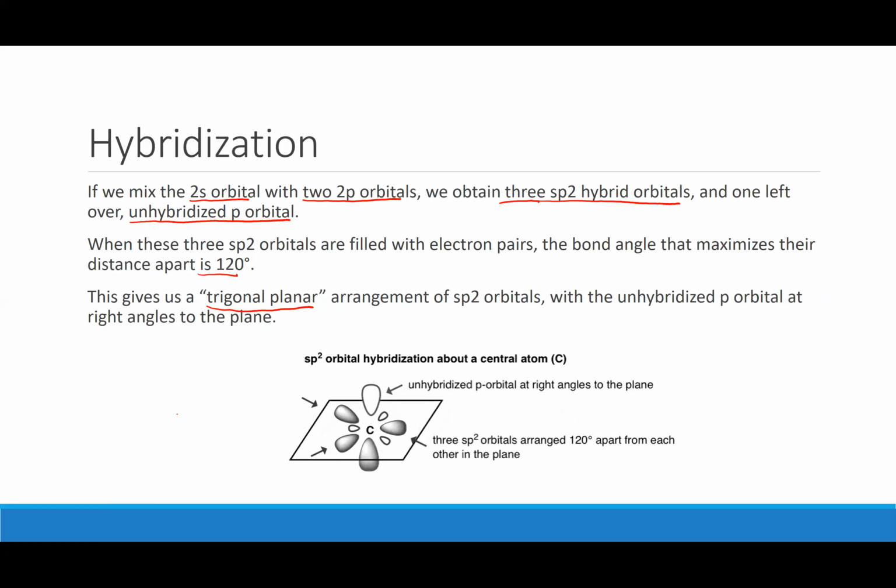Remember when we talked about having an element with 3 bonding pairs, it forms this shape of a trigonal planar. This is shown in 2 ways. You can see here they're showing the paper in this direction with the trigonal planar arrangement being here.